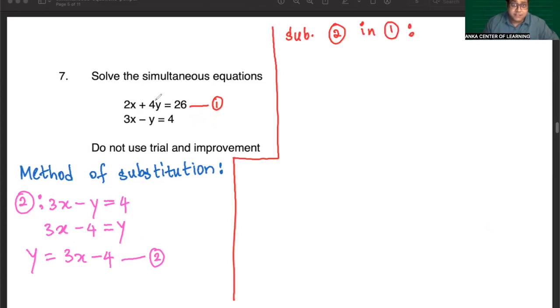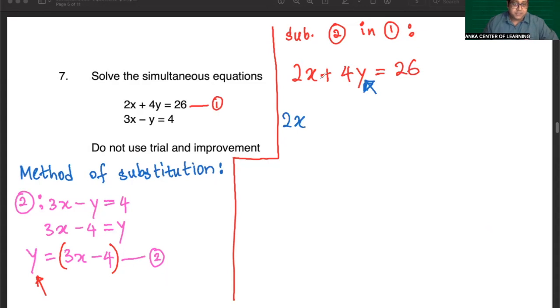Wherever you see y in equation 1, it'll be substituted with 3x minus 4. Let's rewrite equation 1. That's 2x plus 4y equals 26. The first term, 2x, will be unchanged.